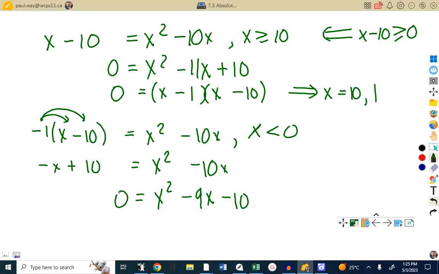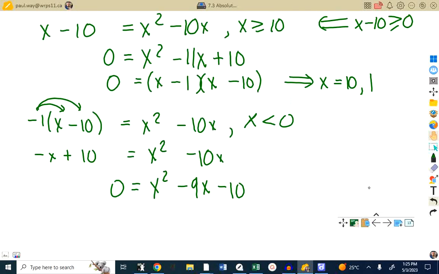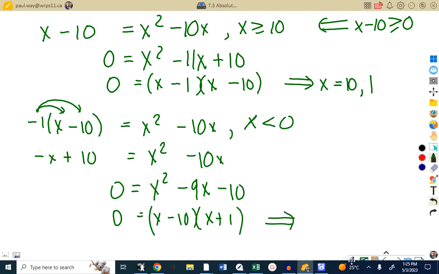It factors into x minus 10, x plus 1, which gives me two solutions here of x equals 10 and negative 1.